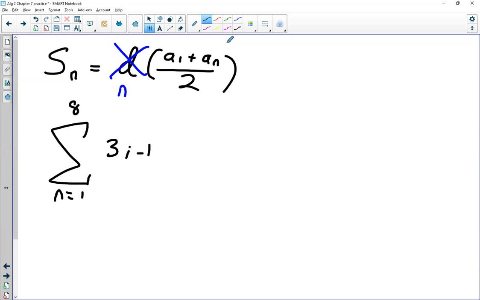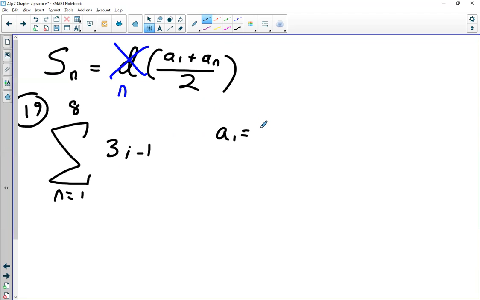All right, so let's do this question properly. In this equation, we just need A1, AN, and N. It's still 19. I'm just redoing it on a fresh piece of page to clear that out.